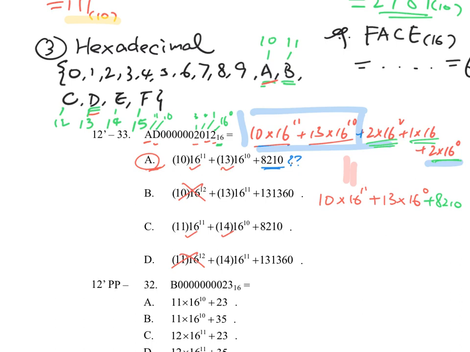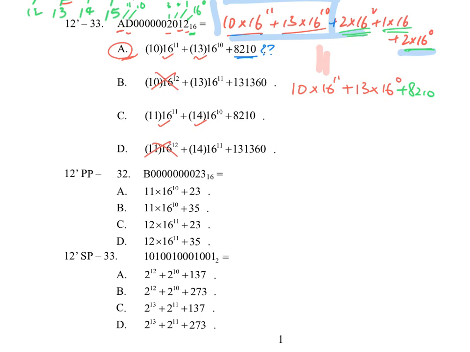A similar case you can see from the practice paper 2012. Again, our first job: you have power 0, power 1, 2, 3, 4, 5, 6, 7, 8, 9, 10, power 10 here. So B stands for 11, 16 to the power 10.